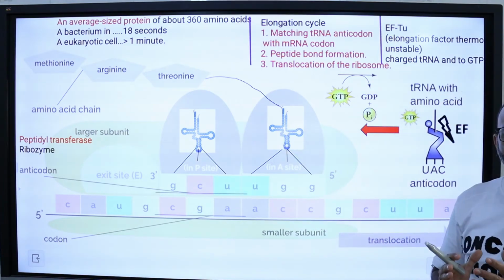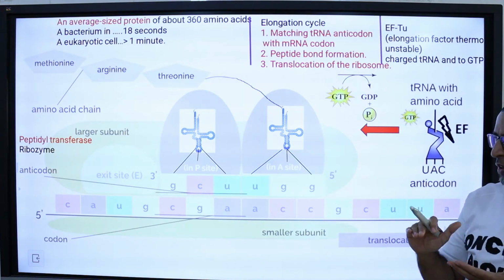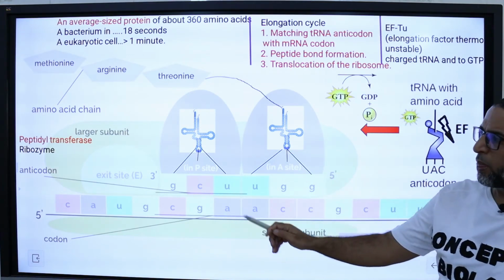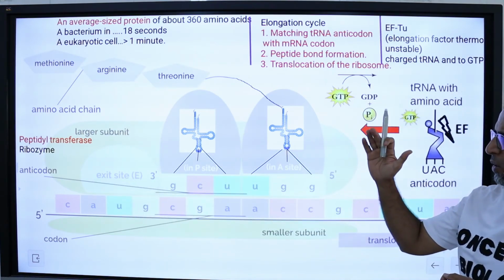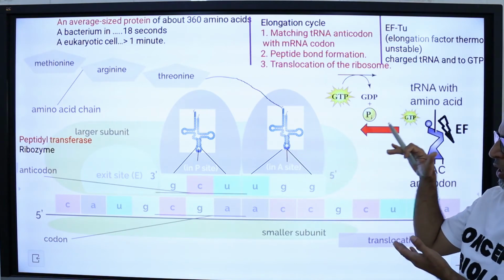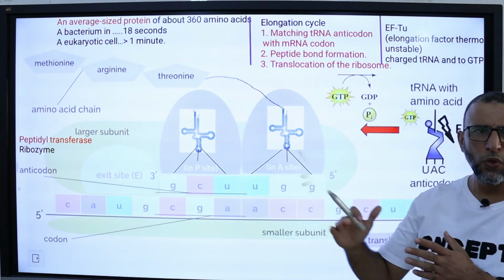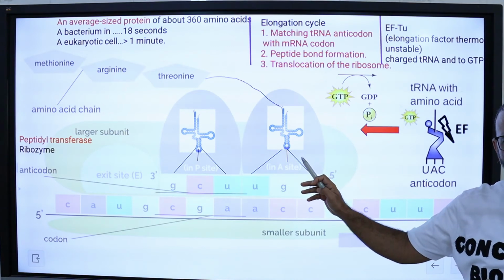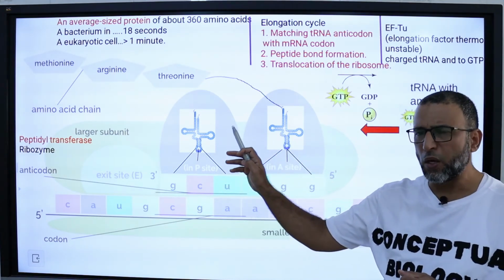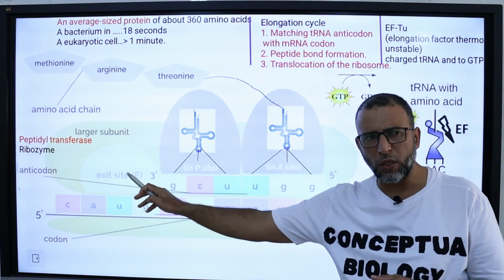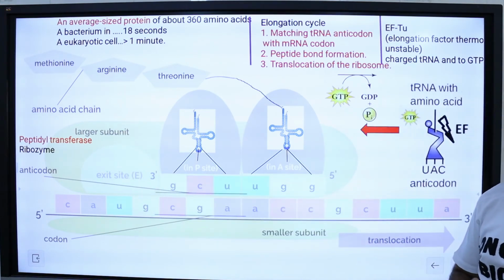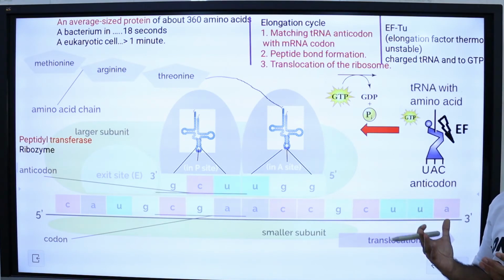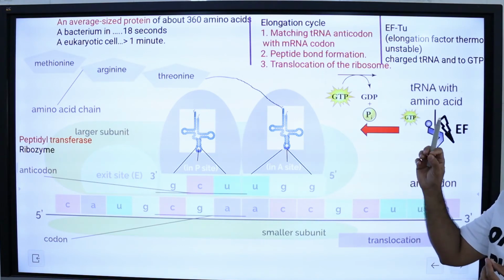So, tRNA moves through the ribosome in the opposite direction, because the ribosome is moving in the direction of 5 prime to 3 prime, and the tRNA moves the opposite way. So, the tRNA in the A site moves to the P site, and from the P site finally moves to the E site. From there it exits the ribosome and joins the cytosolic pool of tRNA, which can be charged with another amino acid and then used again.